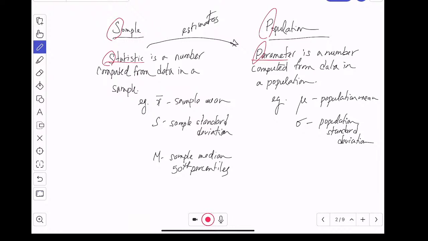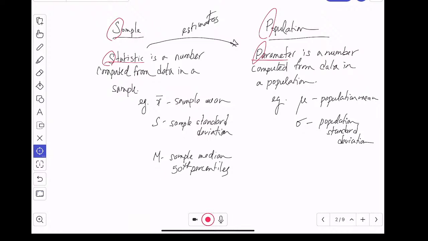So these symbols I've printed here are universal standards. Sample mean is x bar, population mean is mu, the Greek letter M for mean. And s is the sample standard deviation symbol, where sigma is the Greek letter s, lowercase, for population standard deviation. And there's no real standard for the median.